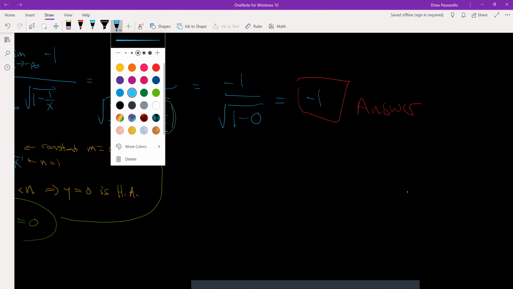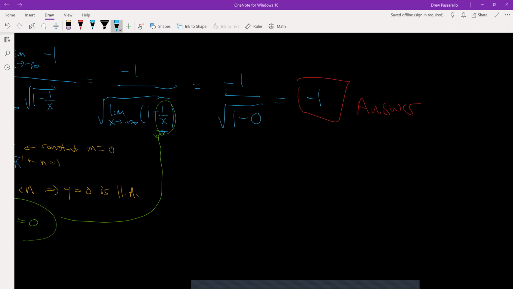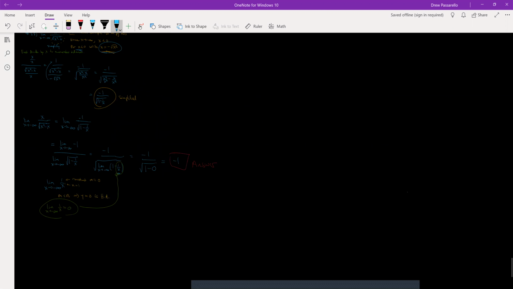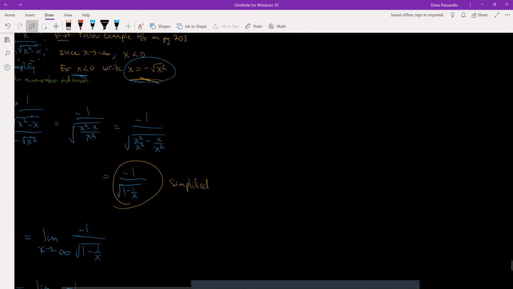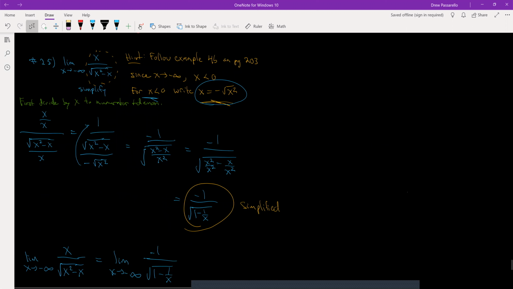All right, so that's the hardest one because it had a square root sign. And just to recap real quick. I followed example 4b on page 203, and I'm using the hint x is going to be negative square root of x squared. The first step we do is divide by x from top and bottom. Up top is x divided by x, which is 1.